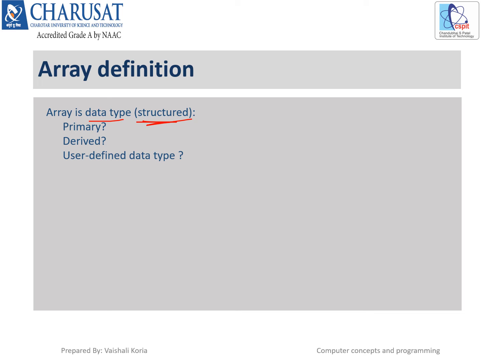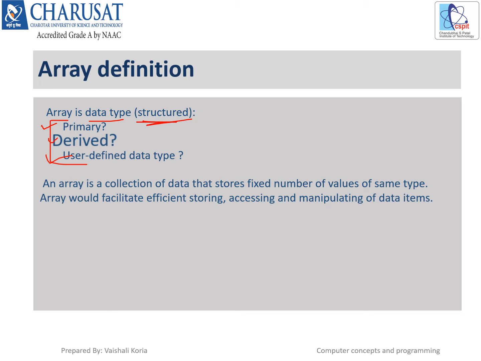There are 3 types of data type overall: primary type, derived type, and user defined type. So what is the type of the array? An array is a derived data type, because it is just making a group of existing data types like integer, float, character. So array is a derived data type.